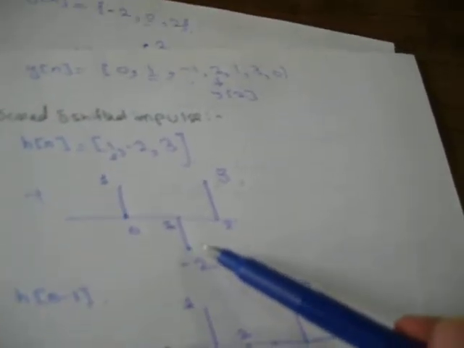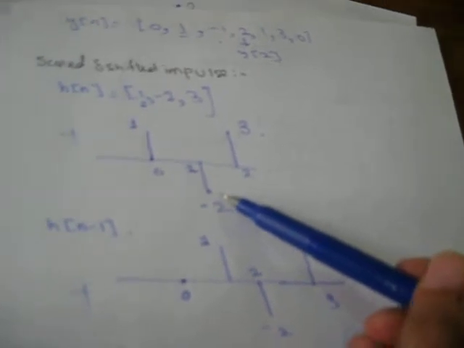Coming to index 1, it will be minus 2 plus 1 plus 0, so minus 1.